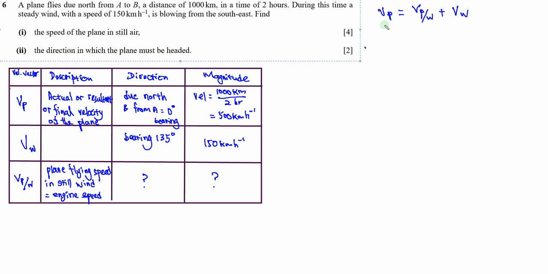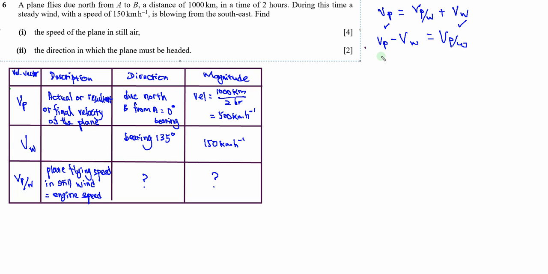Now we know that this is given, here is given, and then this is also given. So what we want to do is find this. This is unknown, so we will take the two known directions. These two we know the direction also. We're going to bring it over here, so it becomes VP minus VW equal to VPW.